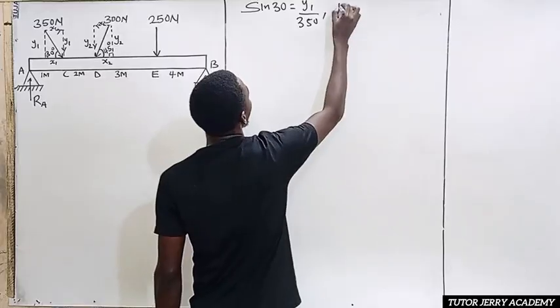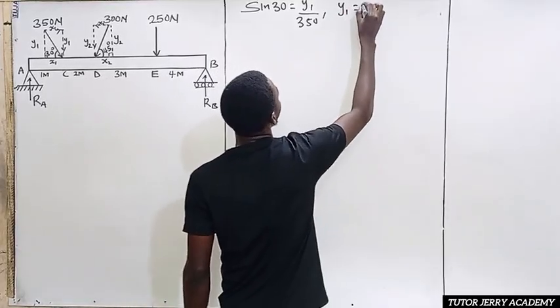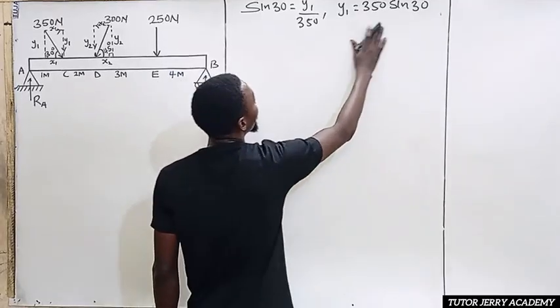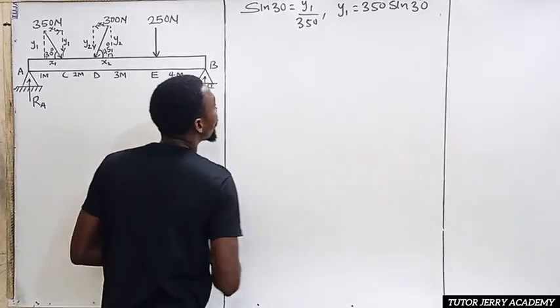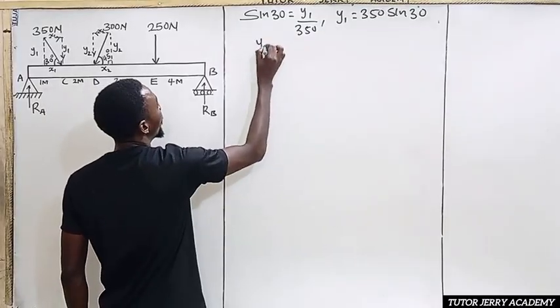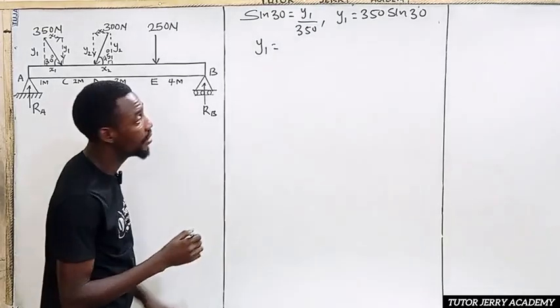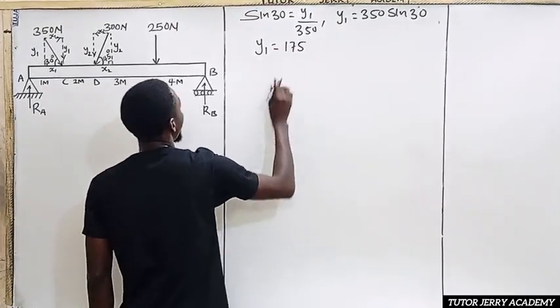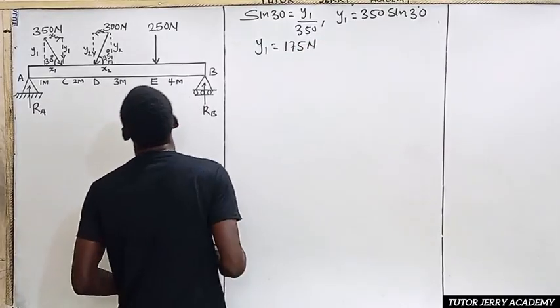So for Y1, Y1 will be equals to 350 sine 30. If you press this in your calculator, our Y1 is going to be equals to 175 Newton. All right, so that is our Y1.